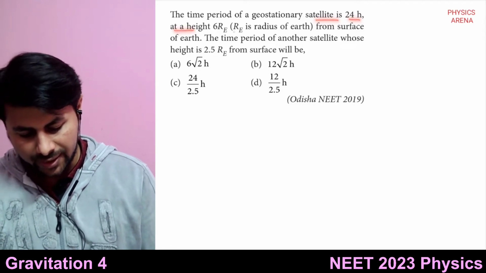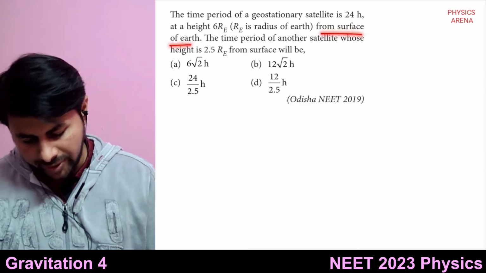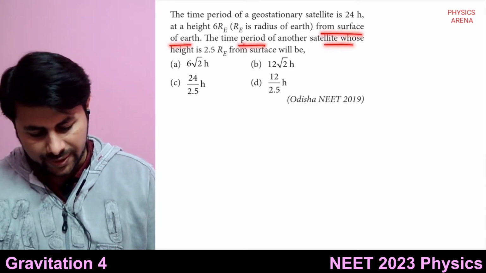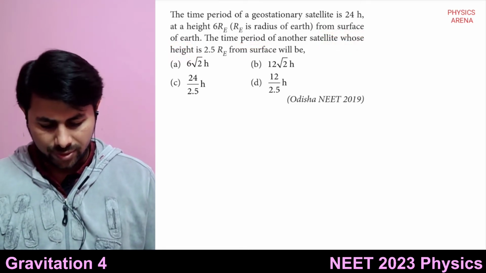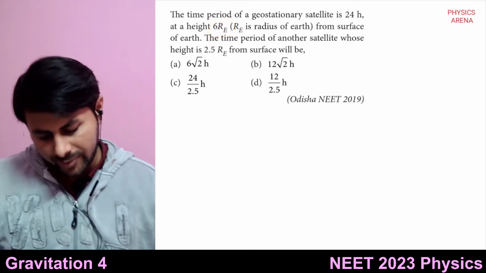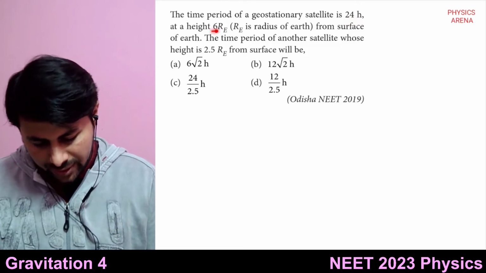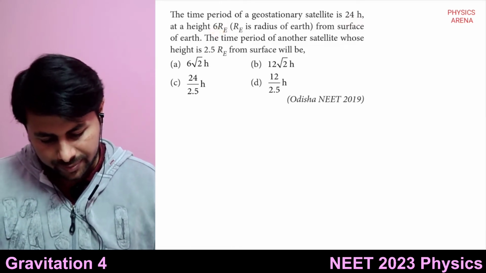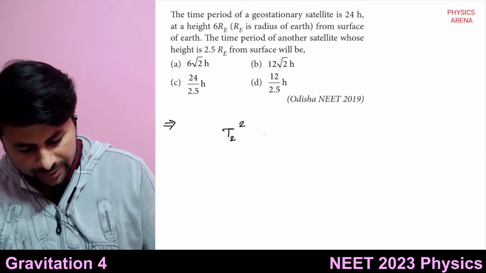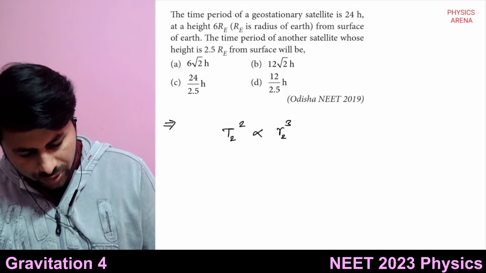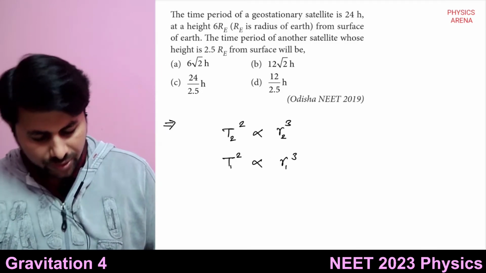Time period of a geostationary satellite is 24 hours at a height 6 RE from the surface of Earth, where RE is the radius of Earth. Time period of another satellite whose height is 2.5 RE from the surface will be? So they have given that the time period of the geostationary satellite is 24 hours, we know that, and its height is 6 times RE. So T2 square is directly proportional to R2 cube, and T1 square is directly proportional to R1 cube.